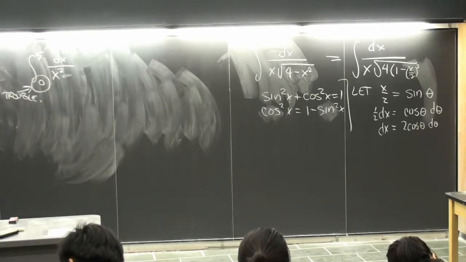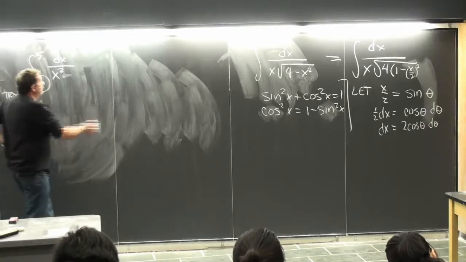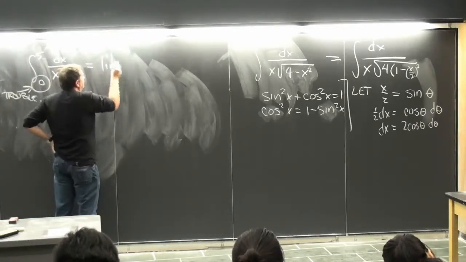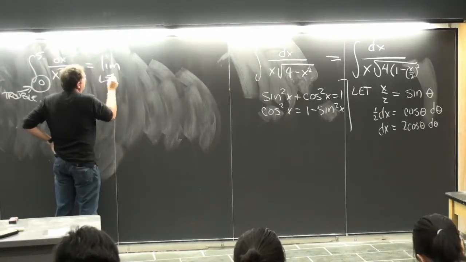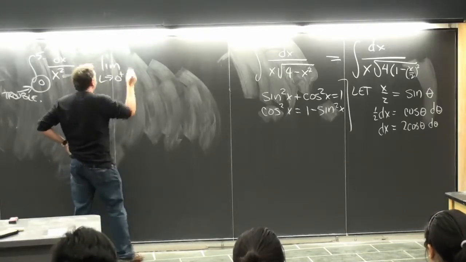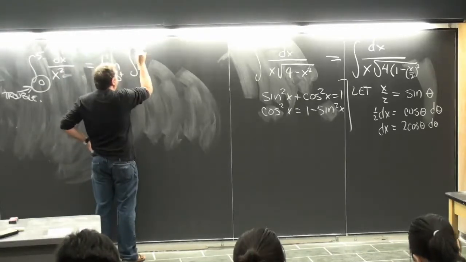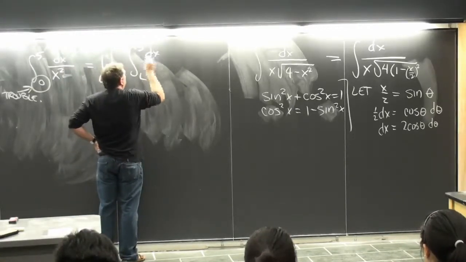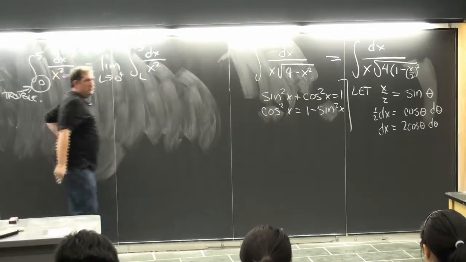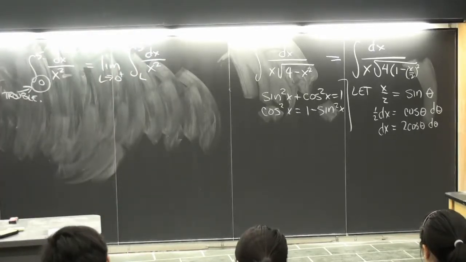And we have to say, does it make sense even though there's this trouble at 0? So what we really want to say is this is the limit as L goes to 0 from above of the integral from L to 5 of that. Now this integral is easy.